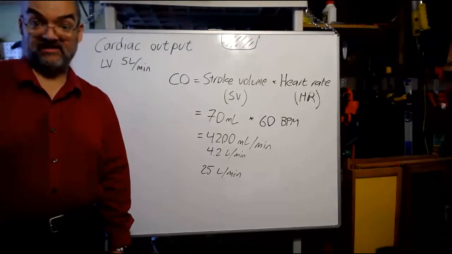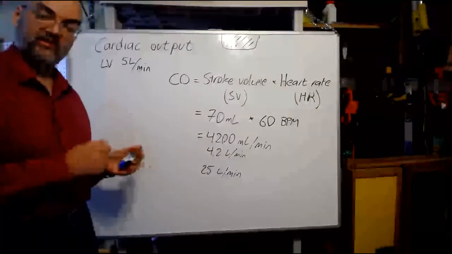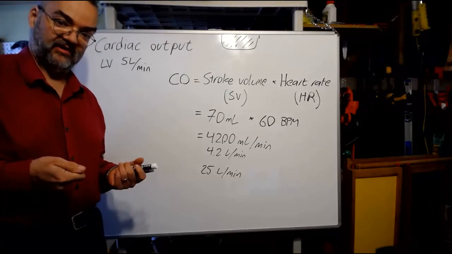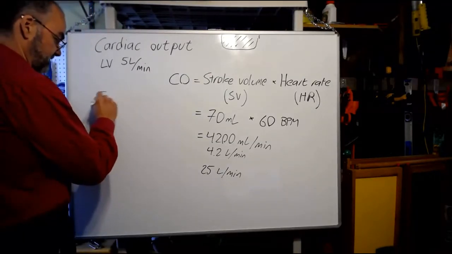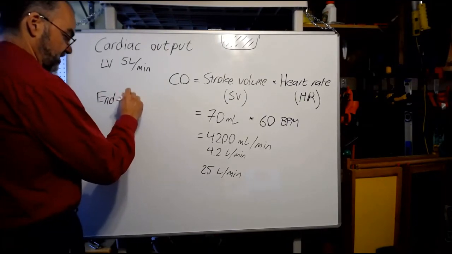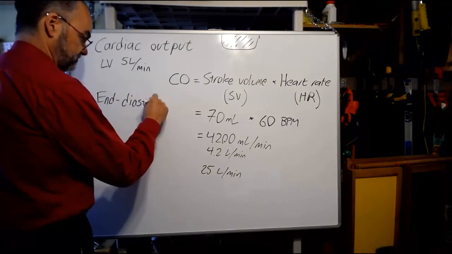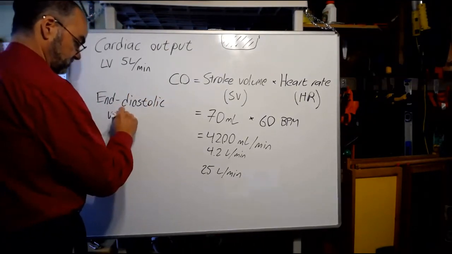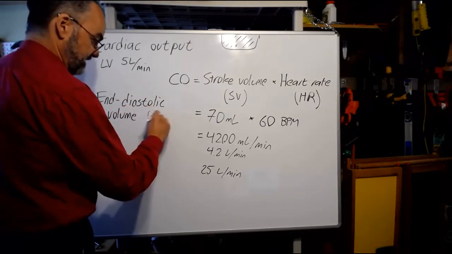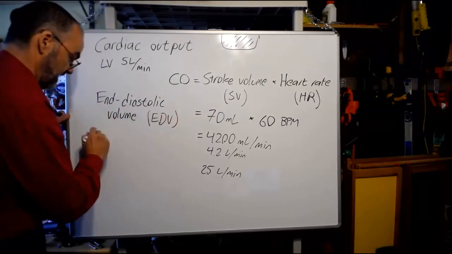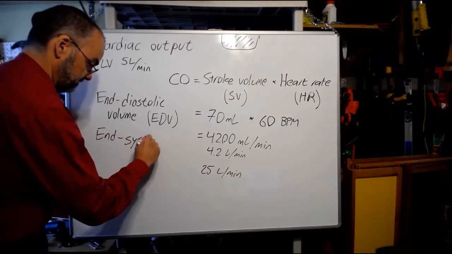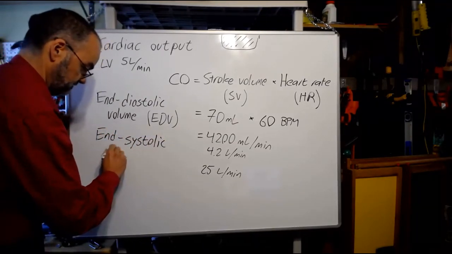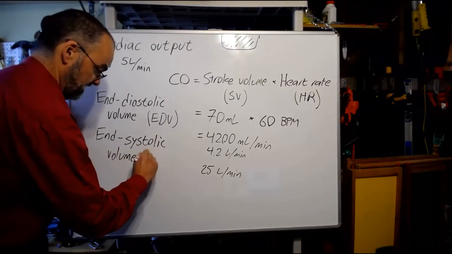In the cardiac cycle, the equivalent of the high point and the low point on the bike pump are things we call the end diastolic volume, which is EDV, and the end systolic volume, ESV.